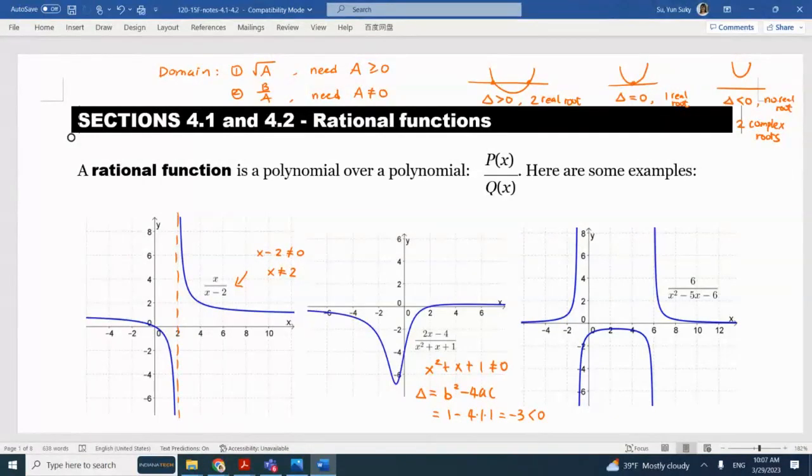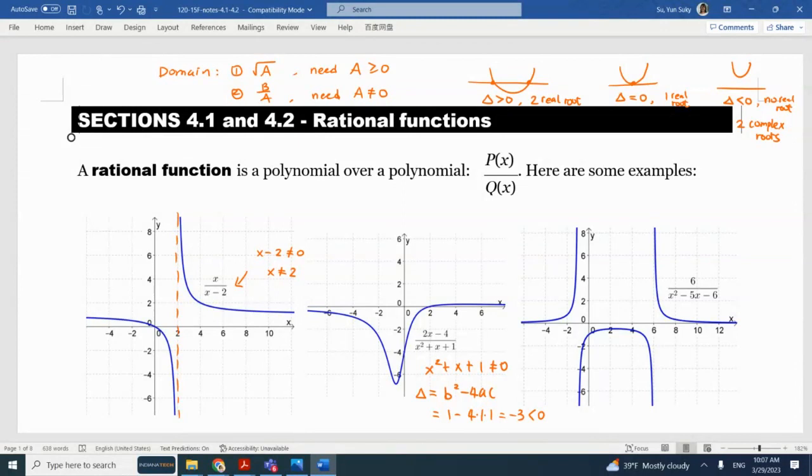Yes. So therefore, this discriminant is negative. Well, in this case, our quadratic function is always positive. Right? It's always positive, so we don't have any real roots. Therefore, the denominator is always positive. It won't be zero.